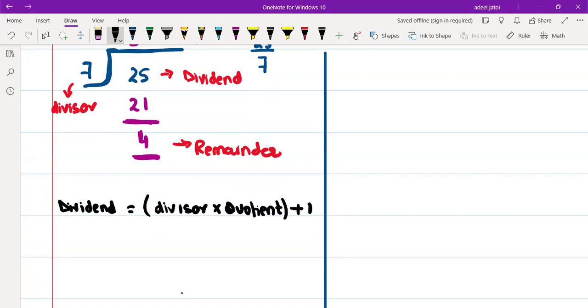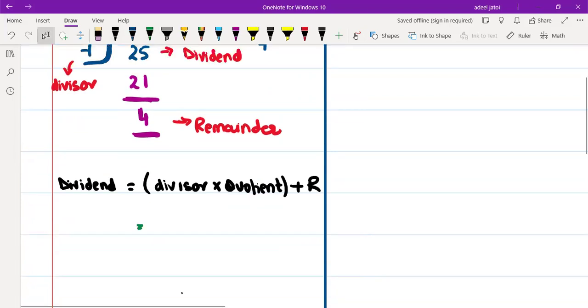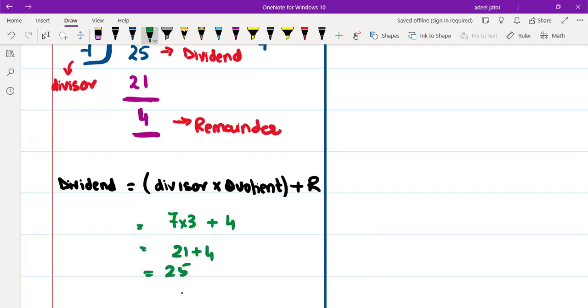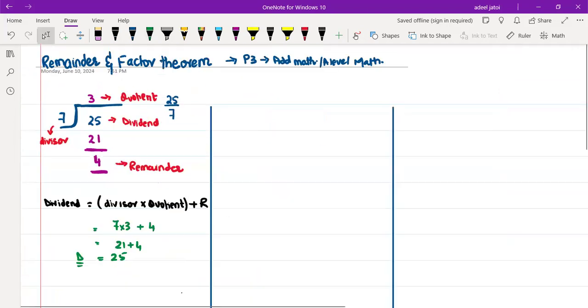Plus remainder. So if we just reverse work this, 7 multiplied by 3 plus 4. So this is 21 plus 4 becomes what? 25, which was your dividend, right? So this is the normal way of doing a division.